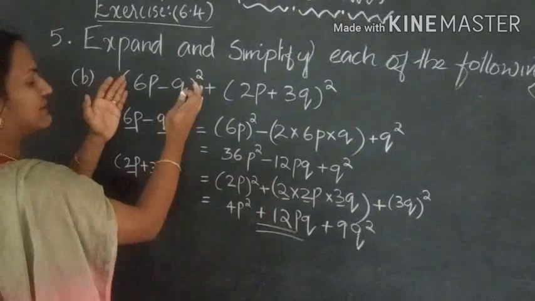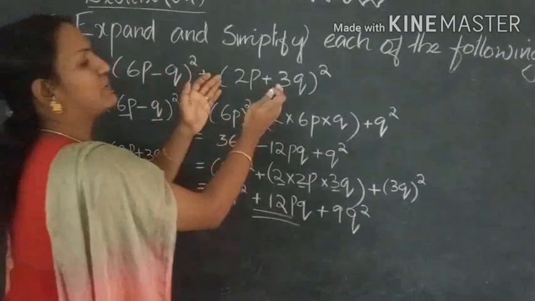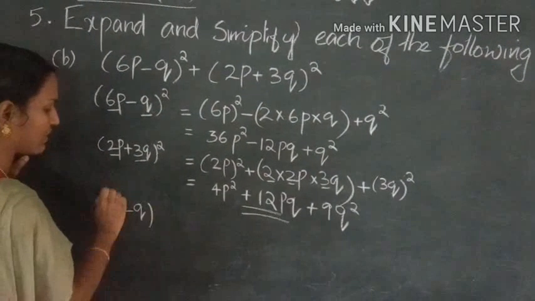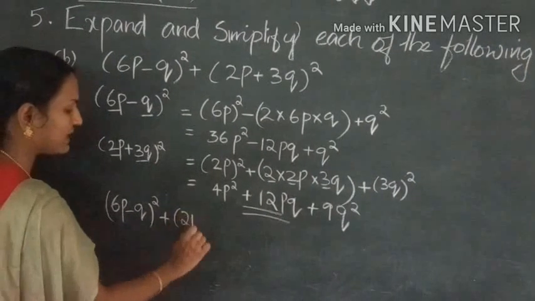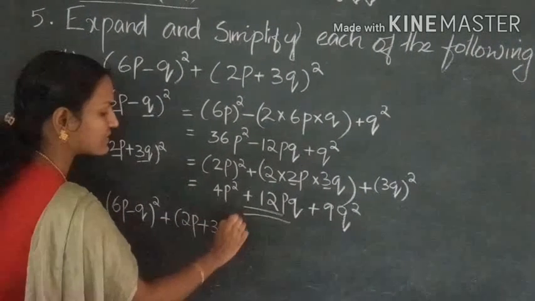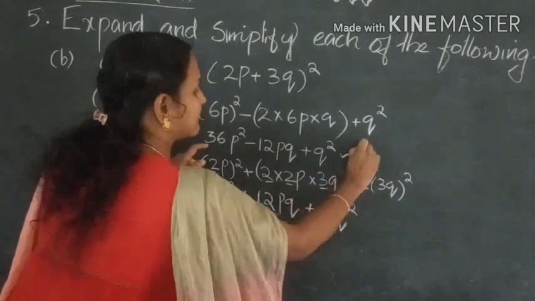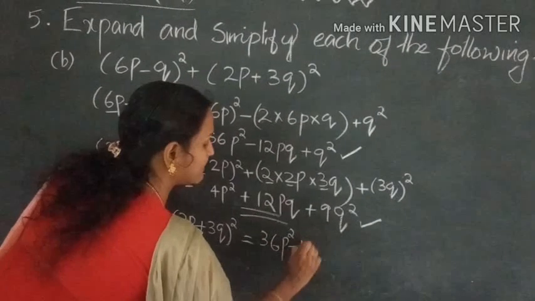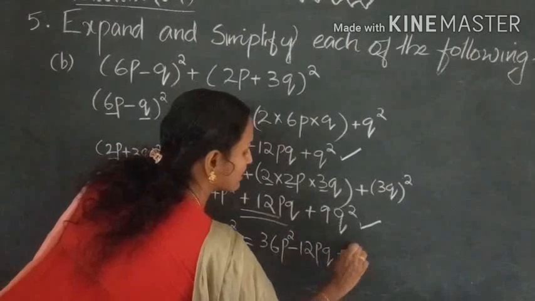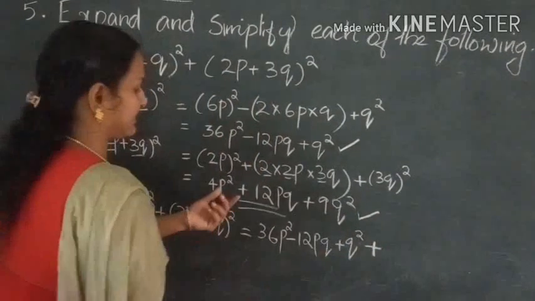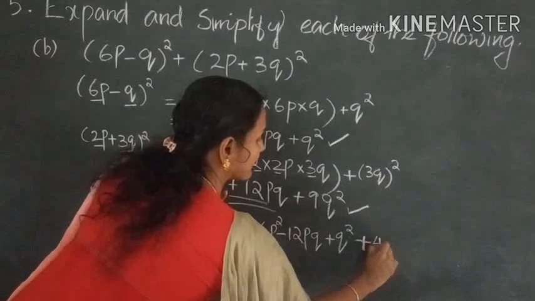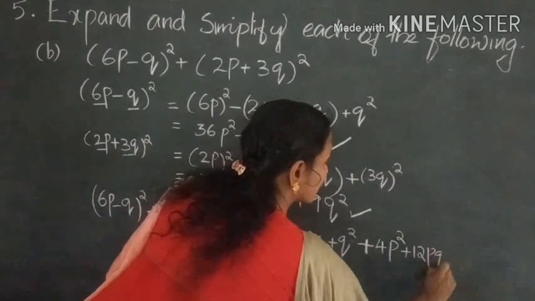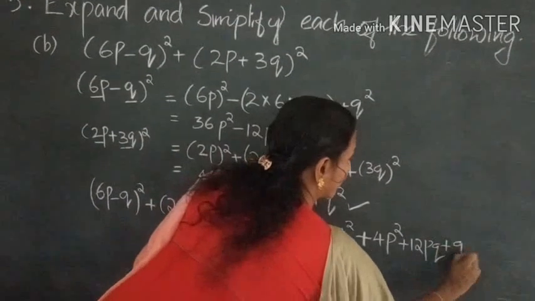Then add (6p minus q) the whole square plus (2p plus 3q) the whole square, which is equal to this term plus this term. So 36p square minus 12pq plus q square plus 4p square plus 12pq plus 9q square.